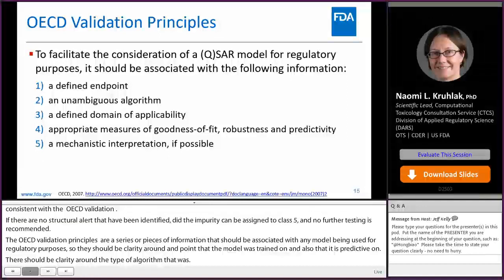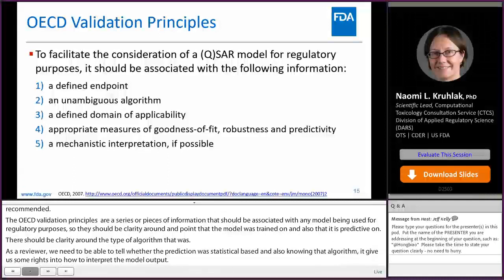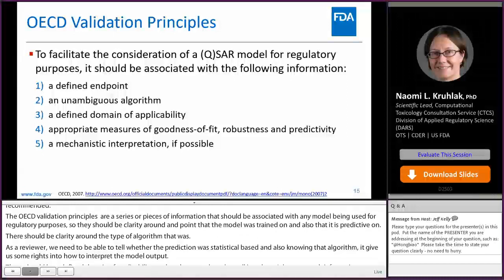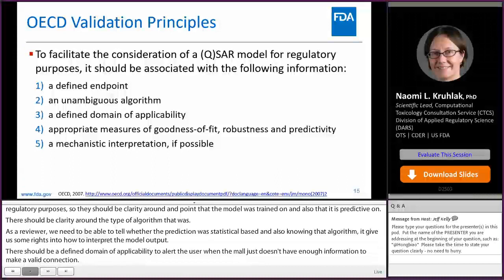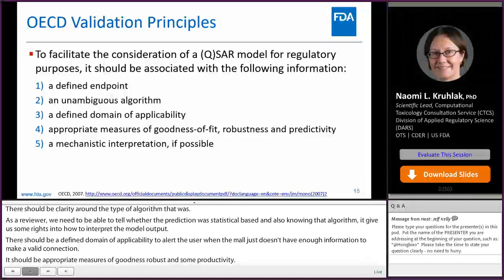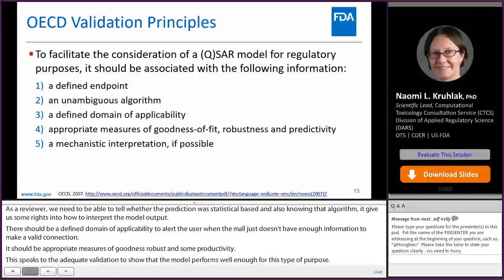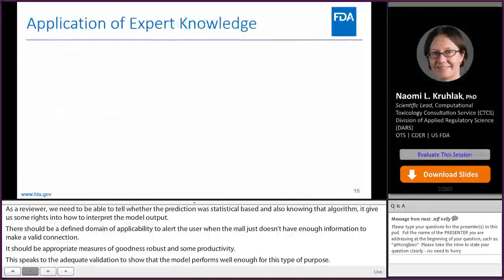There should be a defined domain of applicability to alert the user when the model just doesn't have enough information to make a valid prediction. There should be appropriate measures of goodness of fit, robustness, and predictivity. This speaks to adequate validation to show that the model performs well enough for this type of purpose. And lastly, it's ideal, but not necessary, to have a mechanistic interpretation of the model output, because that assists with our ability to understand and interpret the predictions.